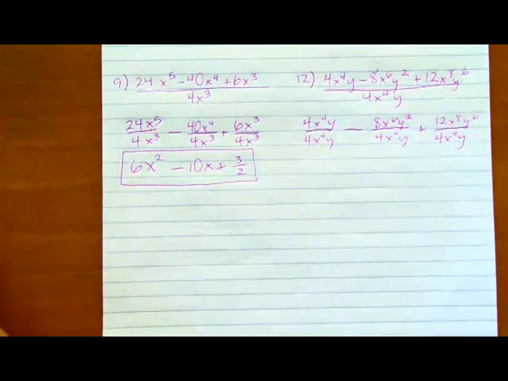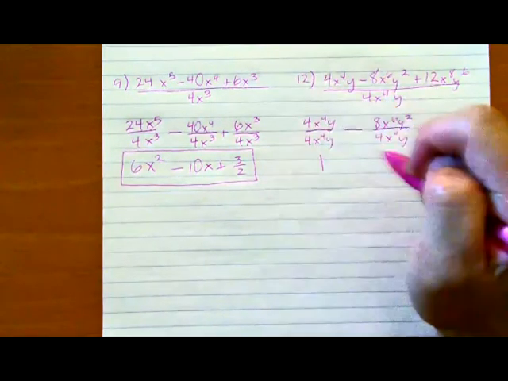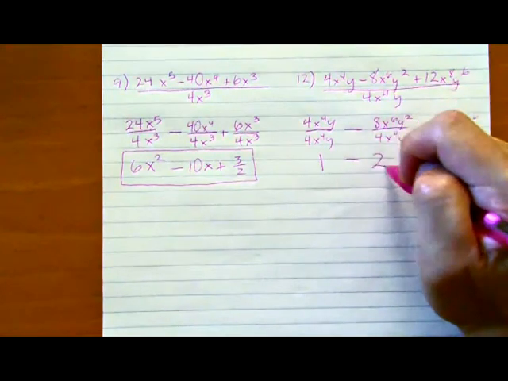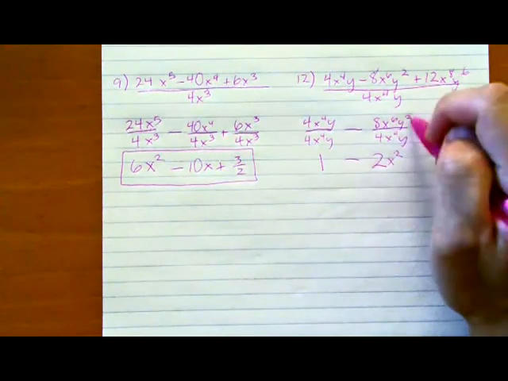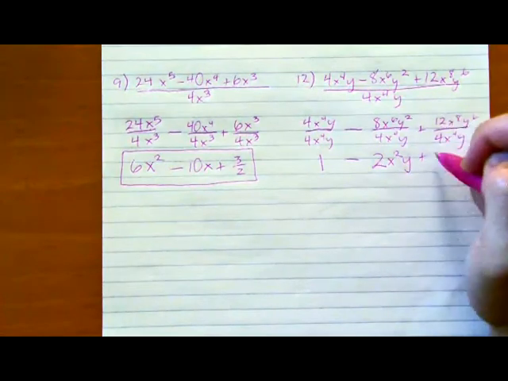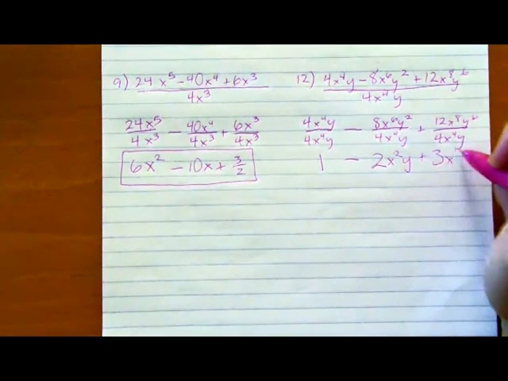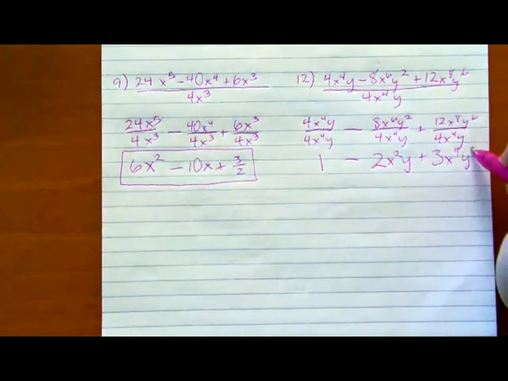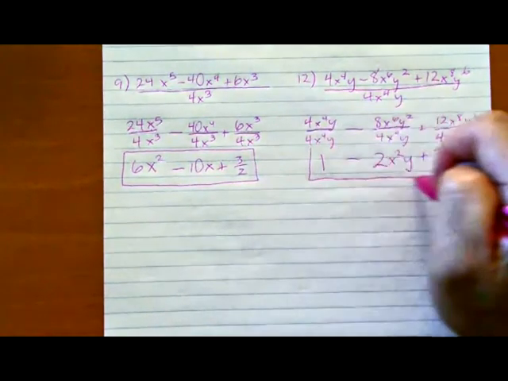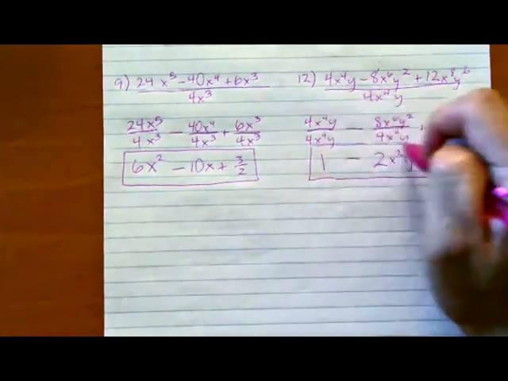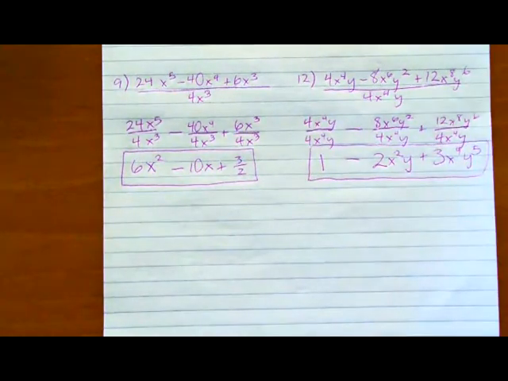Okay, so we divide each of the terms separately. We're just going to simplify the fraction. This is 1 minus 2x to the second y plus 3x to the fourth y to the fifth. Okay, hopefully those were easy. Now we're going to start dividing by binomials.